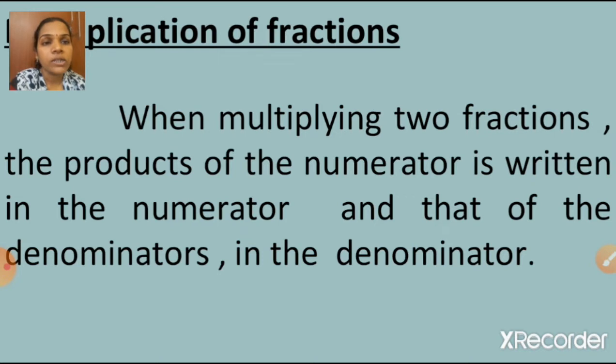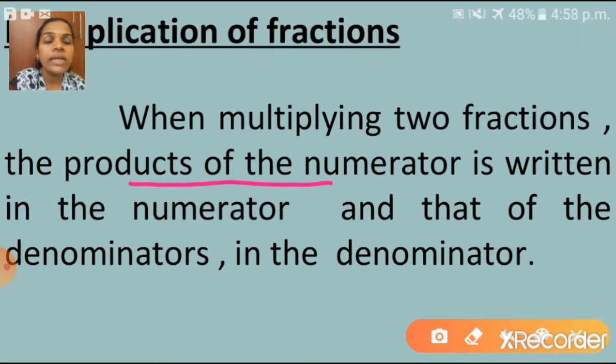Multiplication of fractions. So children, you know that a fraction means it is not a whole number. Fraction means what? Numerator upon denominator. So when multiplying two fractions, the product of the numerators is written in the numerator and that of the denominators in the denominator.